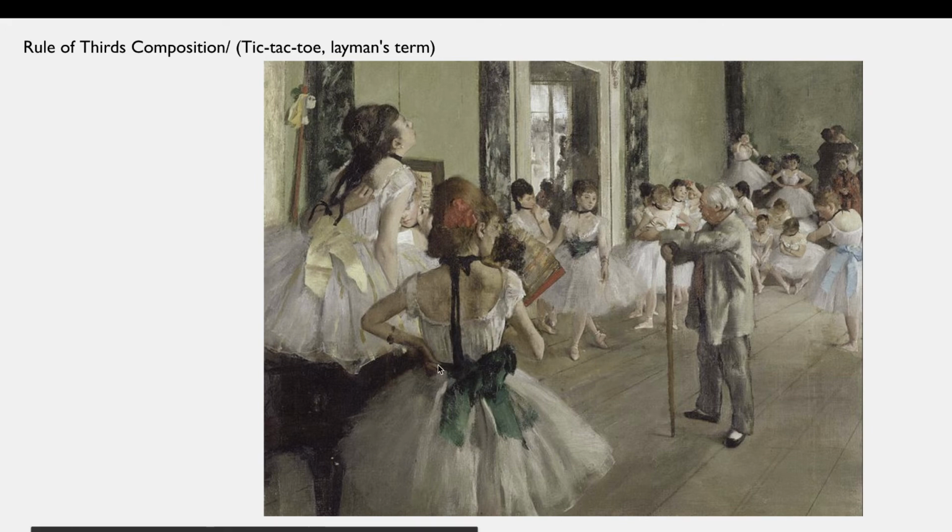And when I say lines, I mean the lines of the overall forms of the ballet dancers, the head or hair of the ballet dancers, the main form of the ballet instructor sitting on the right side, or the figure in the foreground closest to us on the left side with her tall figure, her very long bow around her neck going all the way up that is accentuated by a column.